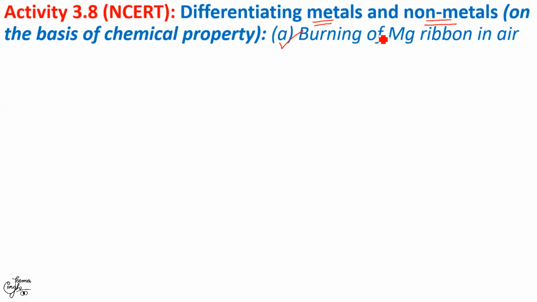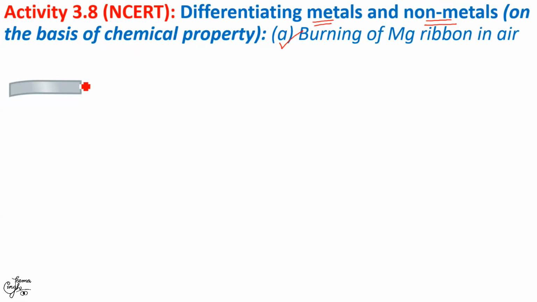In fact, this was the first activity that you studied in this class in Chapter 1, Chemical Reactions and Equations. The link is provided on top for you to refer. For this activity, we will take a small strip of magnesium, clean it with a sandpaper so as to remove the oxide layer that might have formed on its surface when the metal magnesium comes in contact with atmospheric oxygen.